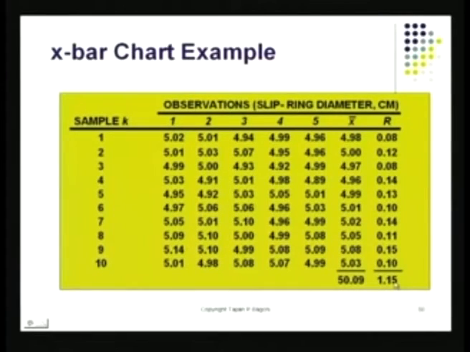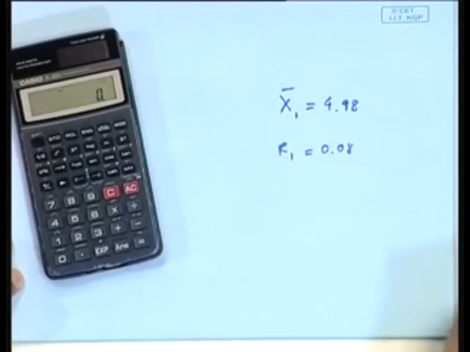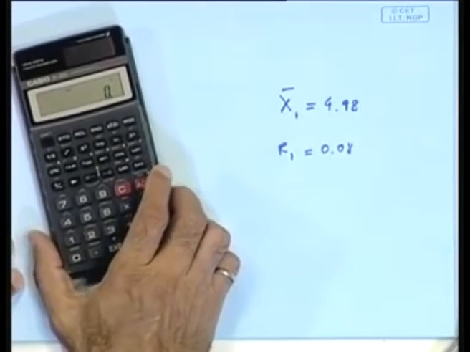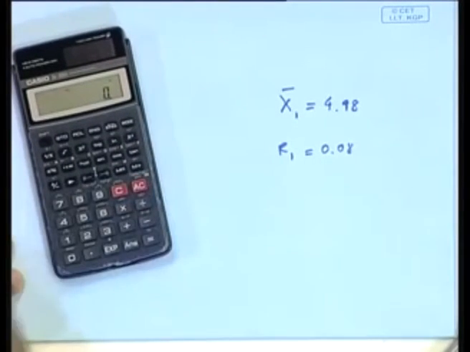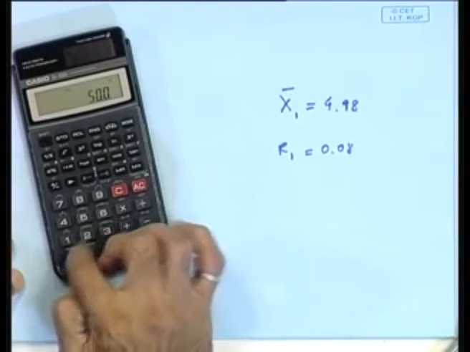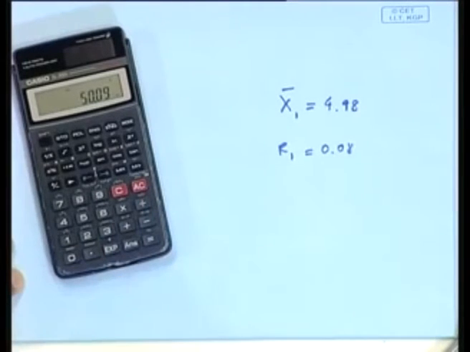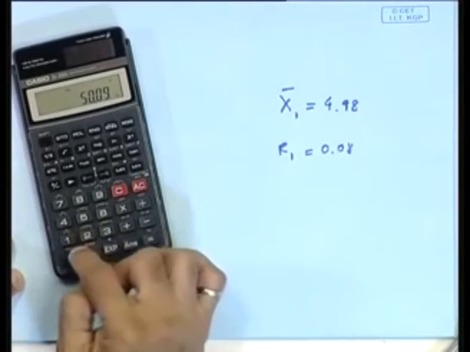So, let's try to find now X double bar, which is the grand average of all. I again come back to my calculator, and I use my calculator in a very special way now. I do 50.09 and I divide that. How many samples are there? 10 samples. Divide that by 10.